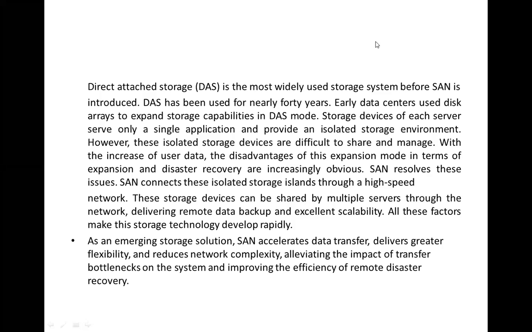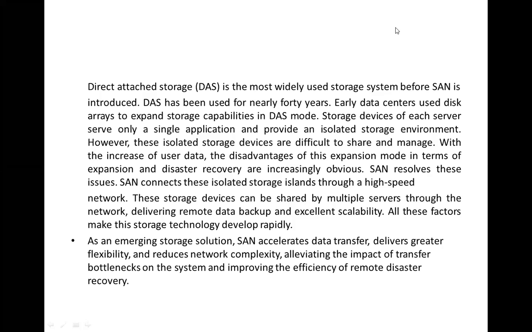With the increase of user data, the disadvantages of this expansion mode in terms of expansion and disaster recovery become increasingly obvious, because with the passage of time data is increasing, and if the devices are totally isolated, expansion is not available. In that case, we cannot manage disaster recovery. If a disaster happens, we cannot recover the data of the many users using the cloud, so the chances of losing data will definitely increase.